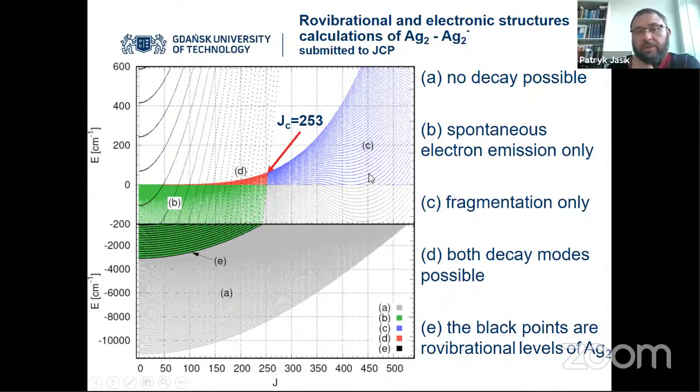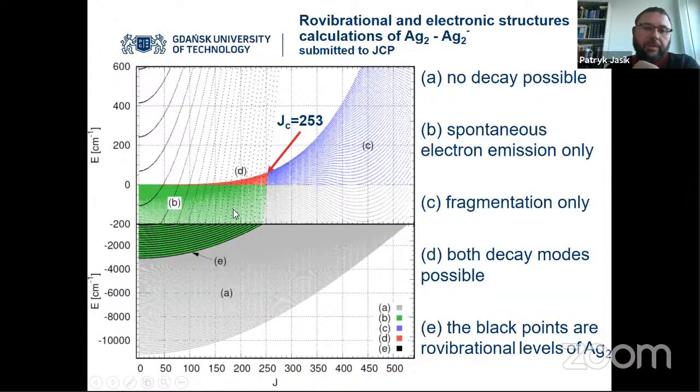It is of course because of the centrifugal barrier, which gets bigger and bigger as J increases. So you can see that in this part we can observe fragmentation through the barrier.